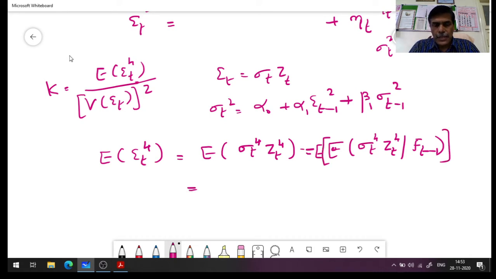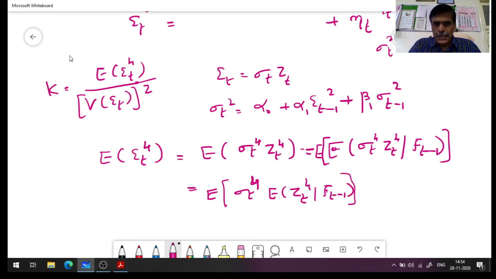That's called the smoothing property of the conditional expectation. And sigma t is a function of the past, so it comes outside this expectation. Wait a minute, epsilon t is equal to sigma t zt, so epsilon t to the power of 4 means sigma t to the power of 4 times zt to the power of 4 given F t minus 1.